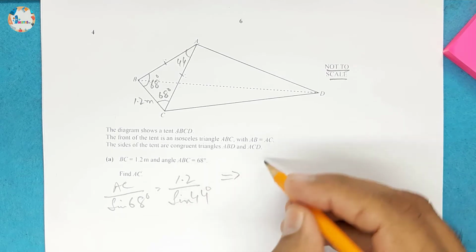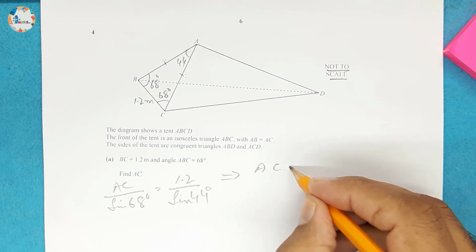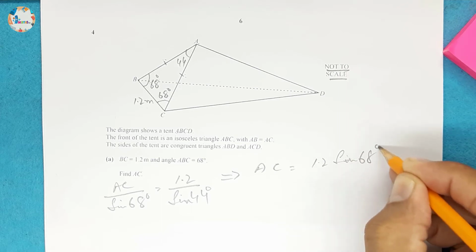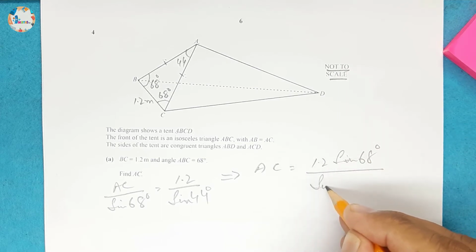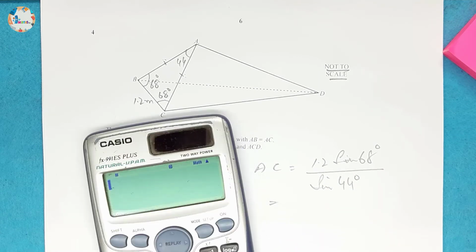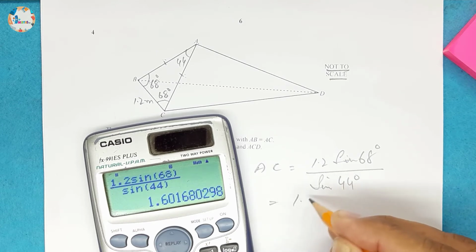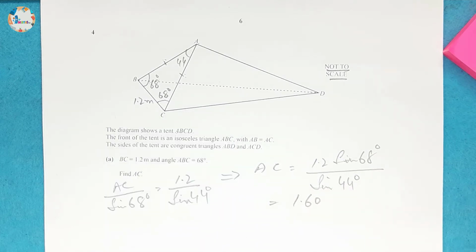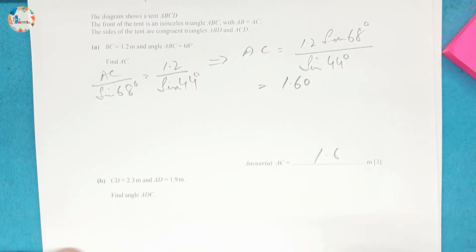So AC will be equal to 1.2 sine of 68 degrees over sine of 44 degrees, and this is resulting to 1.60. So the answer will be 1.6 meters for AC.